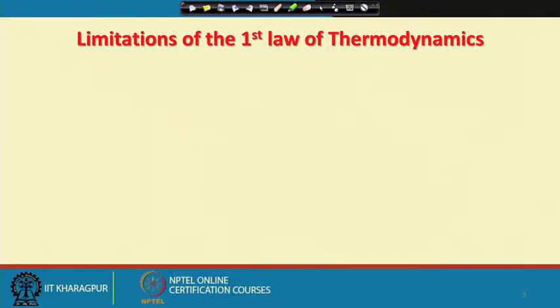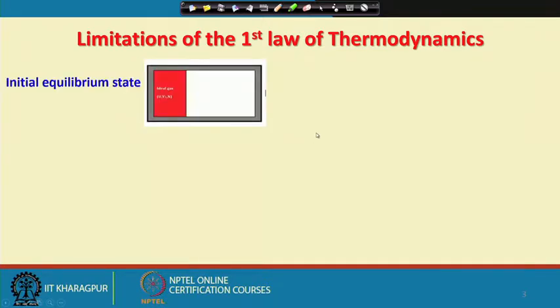So, of course, the first law of thermodynamics tells us a lot, but there is a lot more that it does not. Let us have a look at the limitations of the first law of thermodynamics and try to understand why we needed a second law at all.